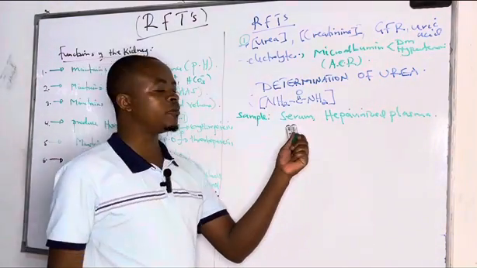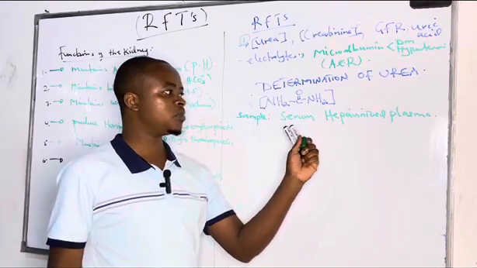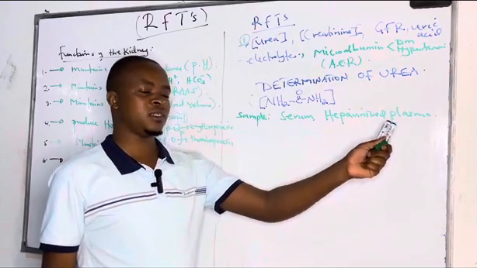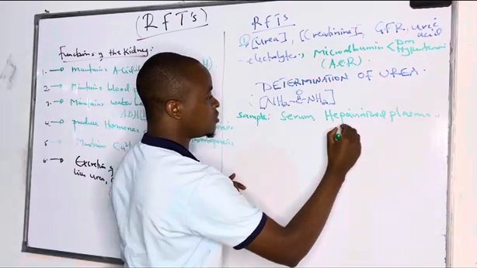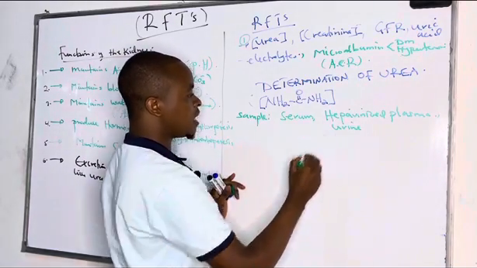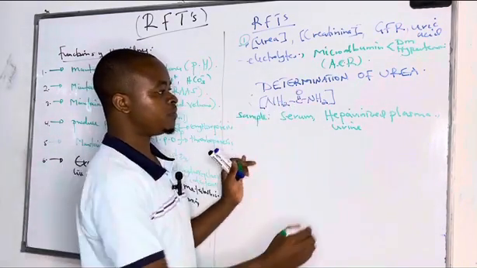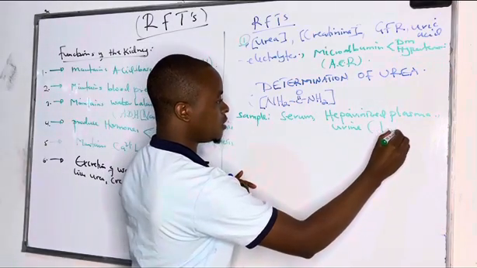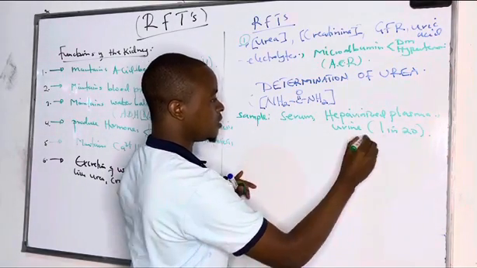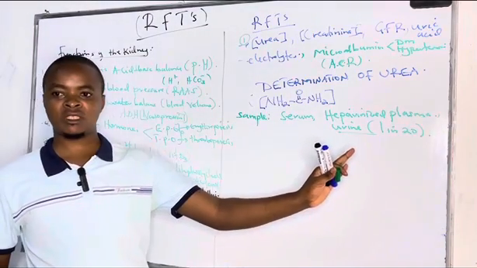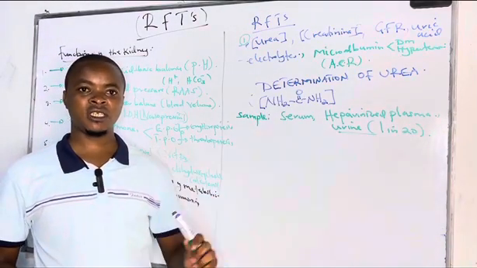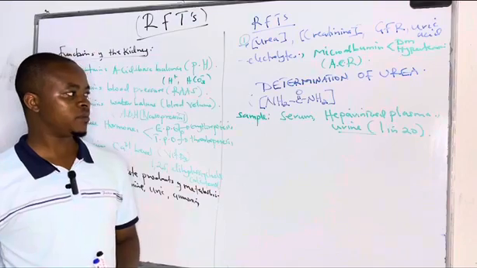These are the two samples we can use, and we can also use urine. But whenever we use random urine for the urea concentration, we dilute it 1 in 20 before we determine it. So these are the samples we can use to determine urea concentration in the laboratory.